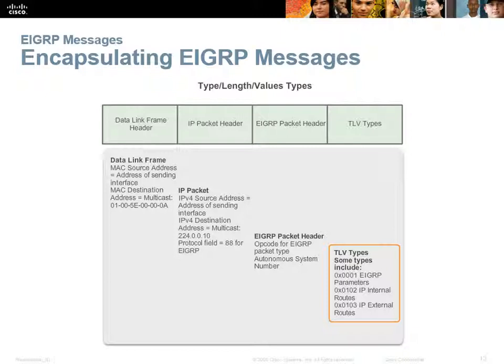What about an EIGRP packet header? It's on the transport layer. Very good, Marlon. Why? Exactly. It's where the session information from the TLV types gets sent down to the EIGRP header, which took over for what kind of headers?